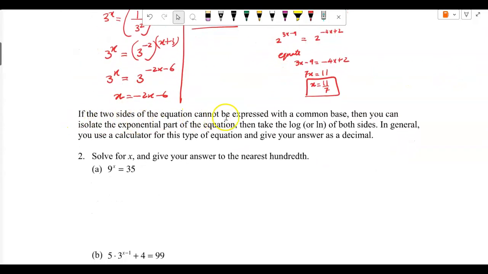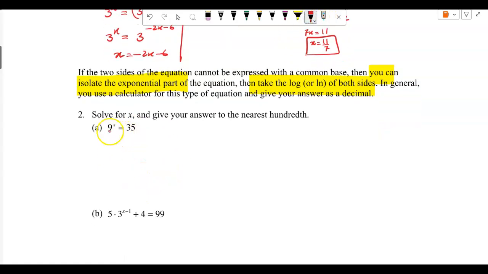If two sides of the equation cannot be expressed as a common base, now here we could get the common base 3 in both cases, then you isolate the exponential part and take logs on both sides. So this is already isolated.